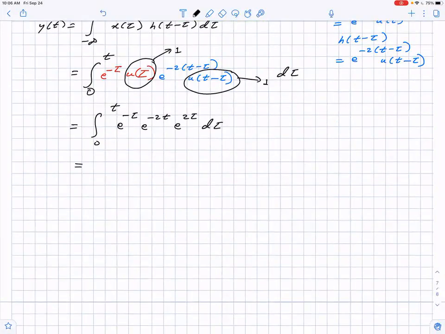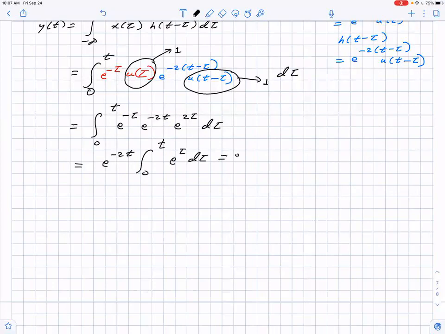Now, since we are integrating with respect to tau, this is a constant, so we can pull that out. And we have e to the negative tau and e to the 2 tau. We can combine them and write them as e to the tau.